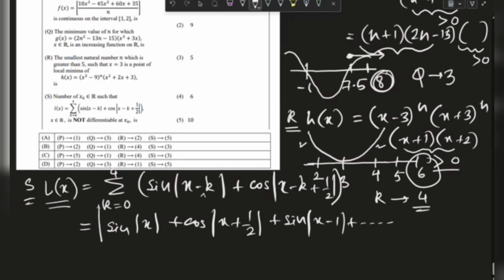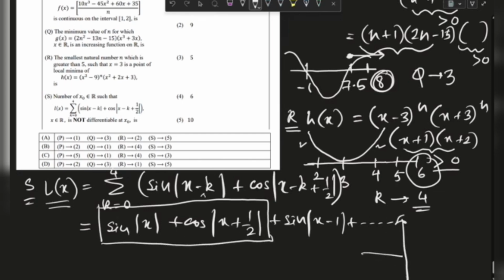Now if we look at this particular segment of the equation, the sine curve looks something like this. Sine of mod x, I'm sorry, it will look obviously something like this.